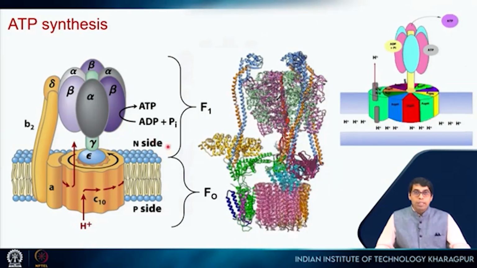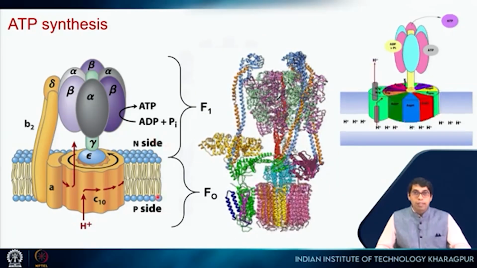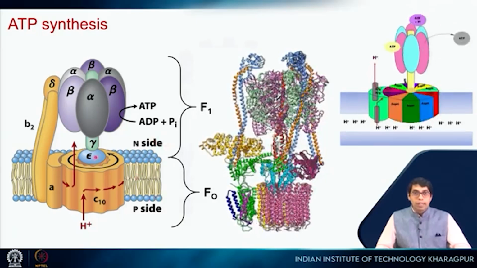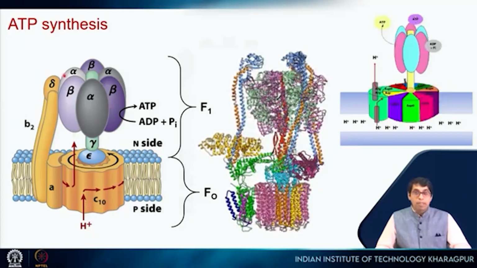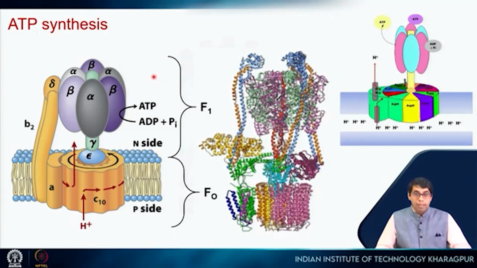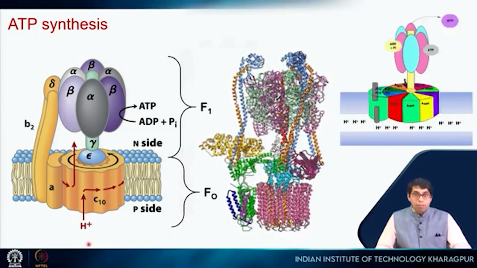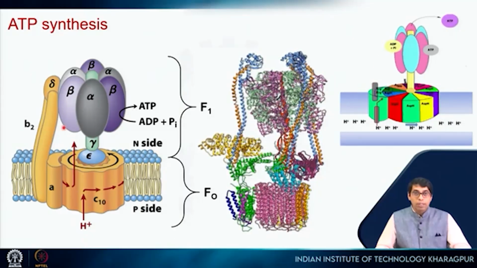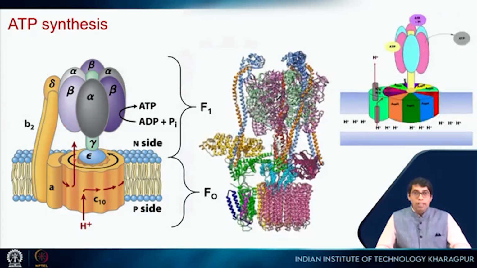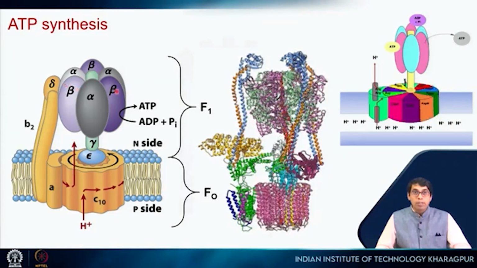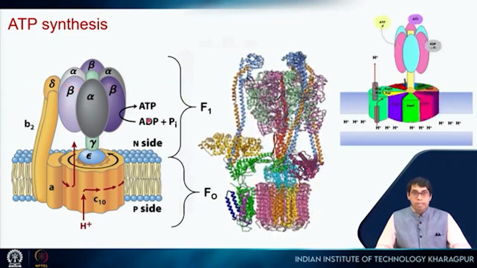So the ATP synthase looks something like this, right. There is a transmembrane region, and there is this part which is in the matrix side, right. So it will allow proton diffusion from this side to this side. This is along the gradient, and while this happens, these beta subunits will synthesize ATP.